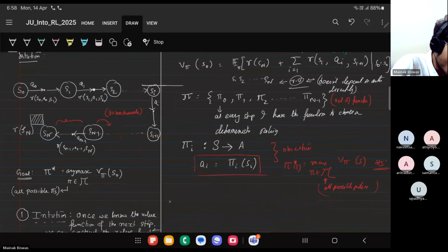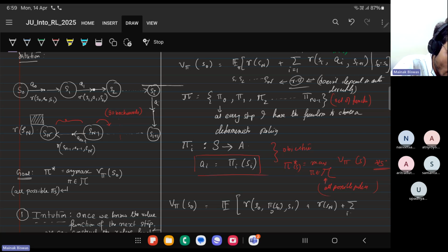Now V pi of S0, again, I'm going to write it down as the expected value under pi of R of S0, A0 or pi of S0, and S1, plus the R of Sn, plus the summation from i equal to 1 to n minus 1 of R of Si, Ai, Si plus 1, given S0 is equal to S0.